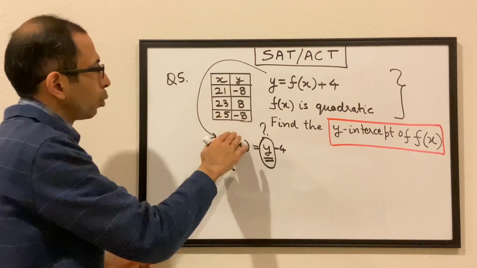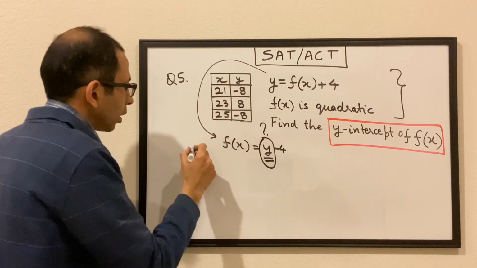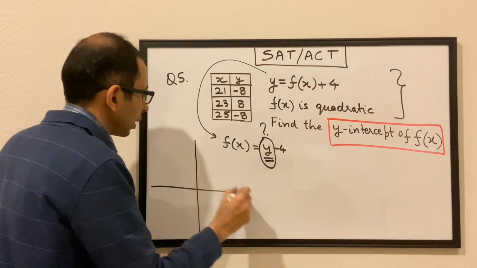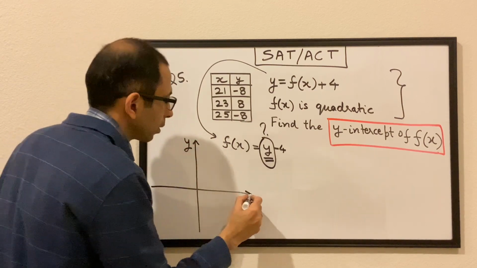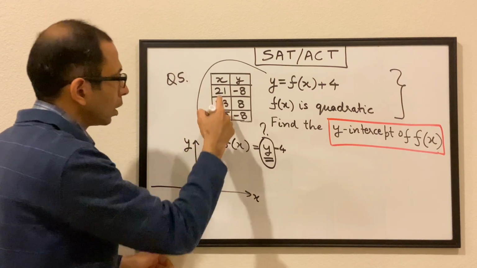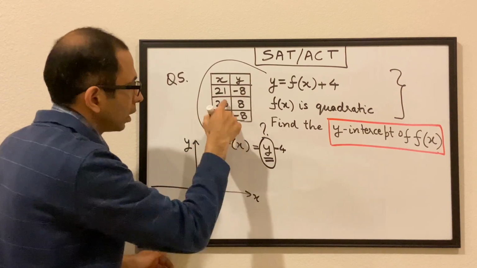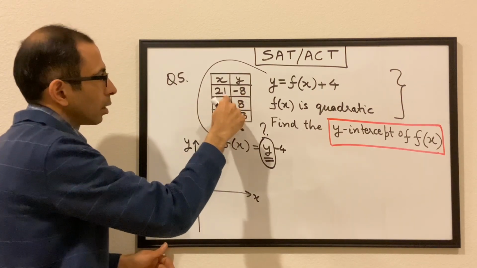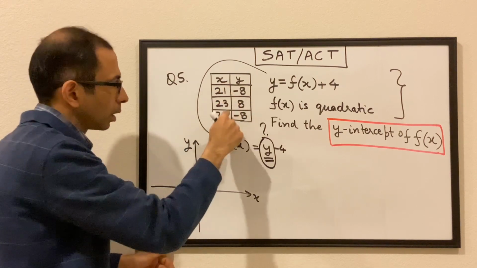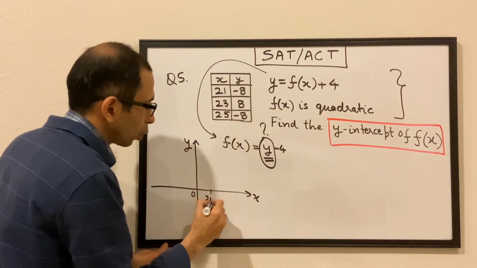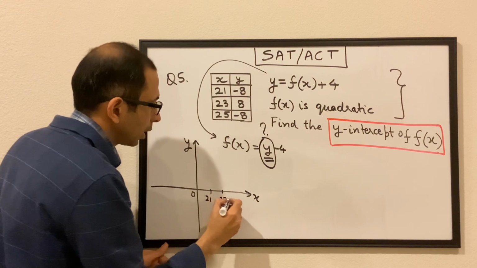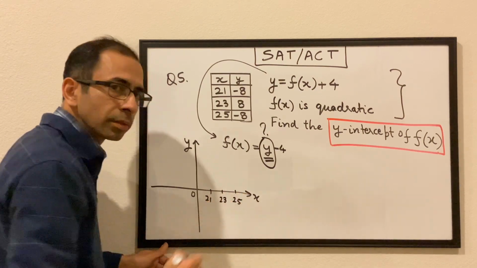Now if we look at these points, what do we see? If we look at them a bit closely, right? For the value of x 21, we have y is minus 8. And if we notice, these x values are equidistant from each other. So this is 21, this is 23, and this is 25, right?